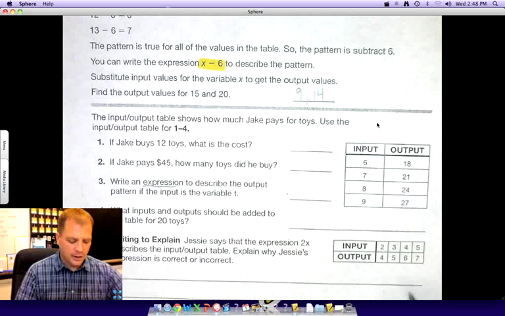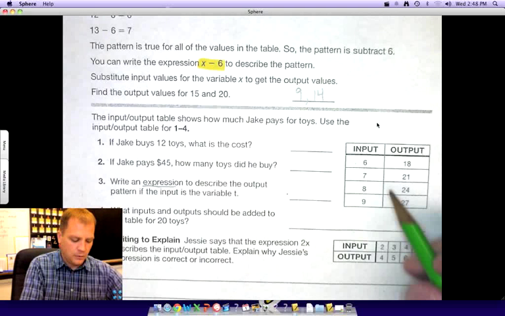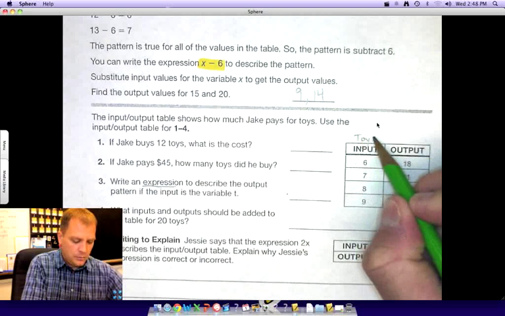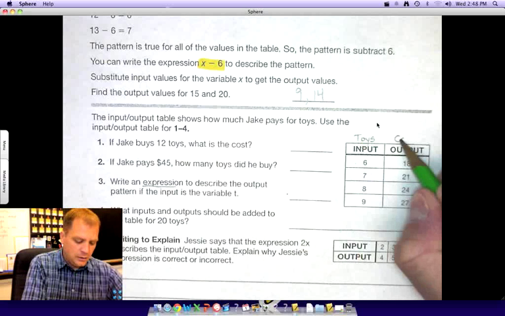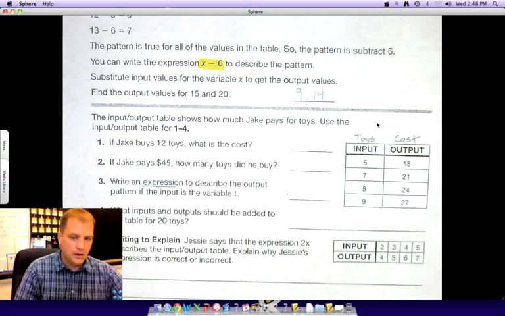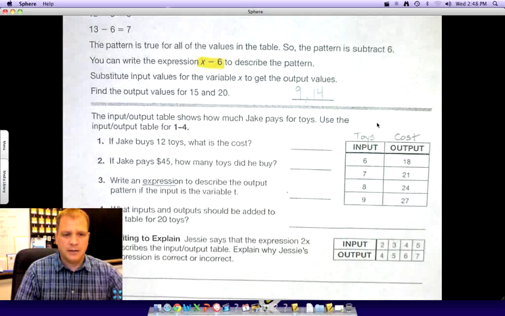First of all, I have to decide: is the input the number of toys, or is the input the number of dollars, or the cost? In this particular instance, the input, or what we start with, is going to be the toys. The output is going to be the cost. So if Jake buys 12 toys, what is the cost?